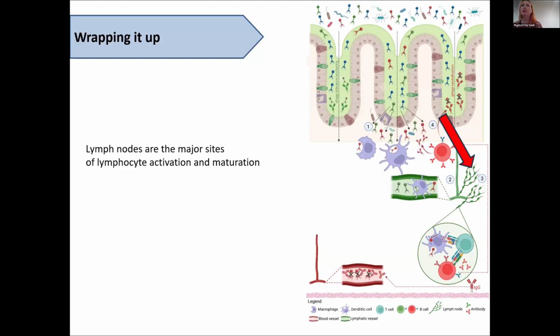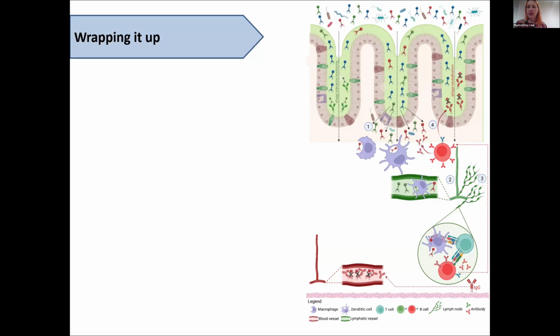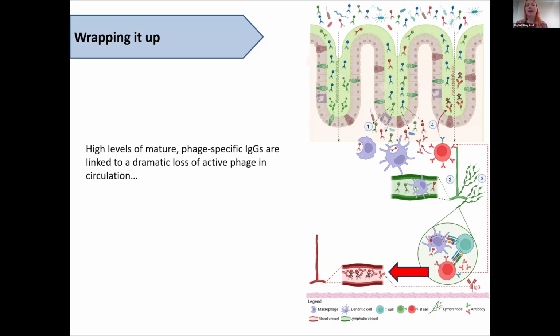So we have strong help from T cells, and this can result in real affinity maturation, and we get strongly reacting IgGs and other isotypes of antibodies. This may result in high levels of phage-specific antibodies in the blood, which means that phages typically are lost there.